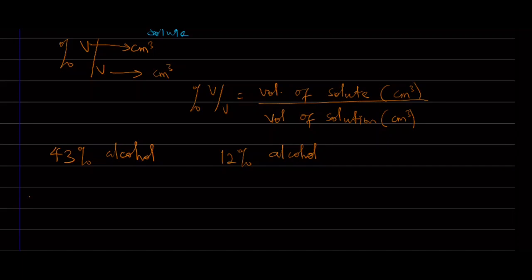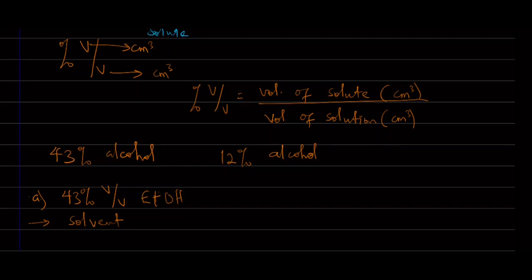For example, let's start with the first one that says 43% volume per volume alcohol, which is ethanol, ETOH. Now, if you have to interpret this, I can interpret using solvents. We can also do so using solution.